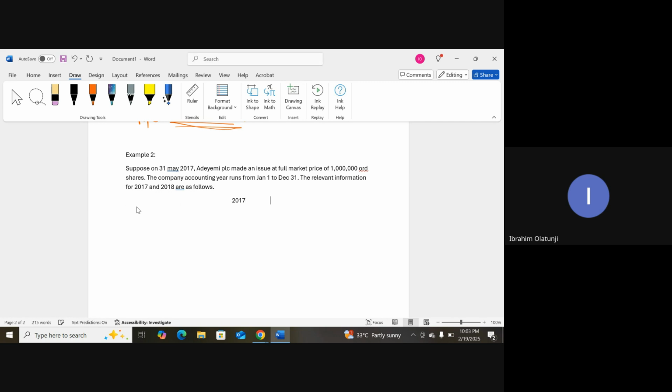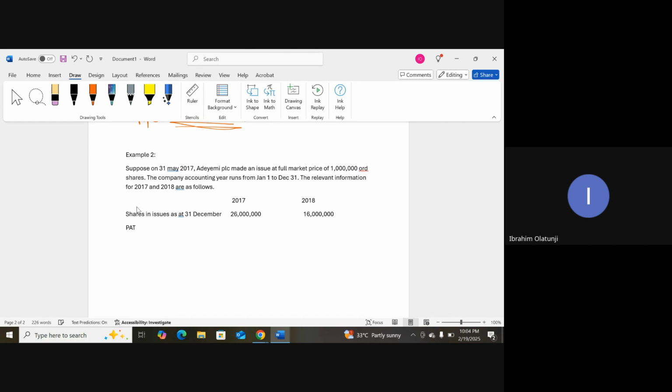Shares in issue as at 31st December 2017: 26 million shares. 2018: 16 million shares.